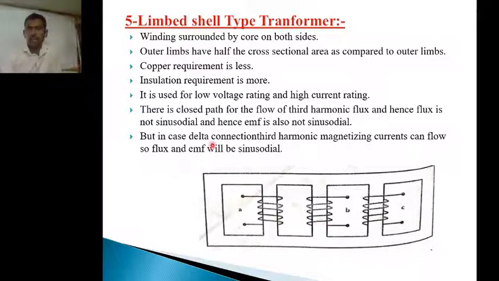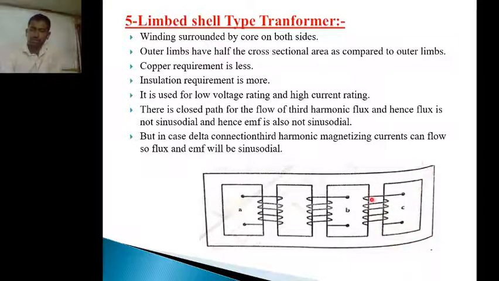And there is a closed path for the flow of the third harmonic flux, and hence flux is not sinusoidal and hence EMF is not sinusoidal. So here we have one closed path for the flux generated by this limb, and here we have a closed path for the flux developed at this limb. So since we have the closed path, instead of going in this direction, some flux will be going in this direction.